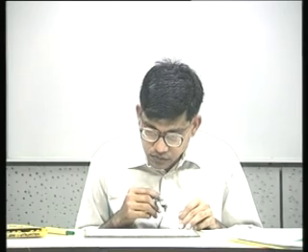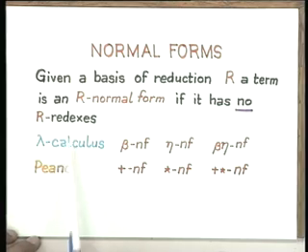So, if you look at our original notion of meaning as the value that a term reduces to, in Peano arithmetic, it is really the value represented in the form of this grammar of numerals, right.